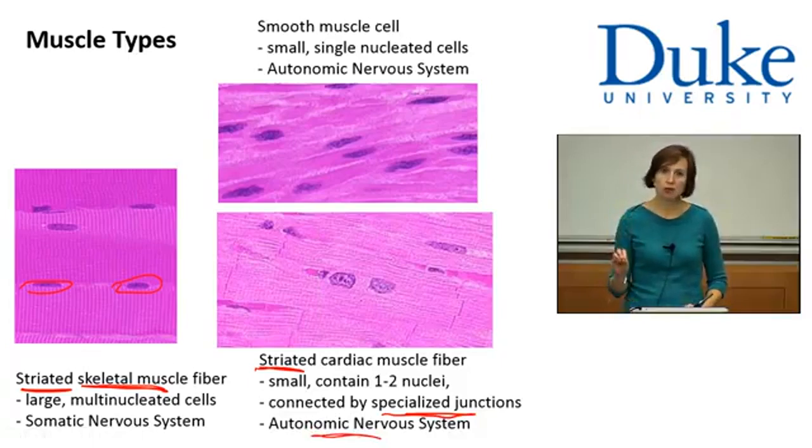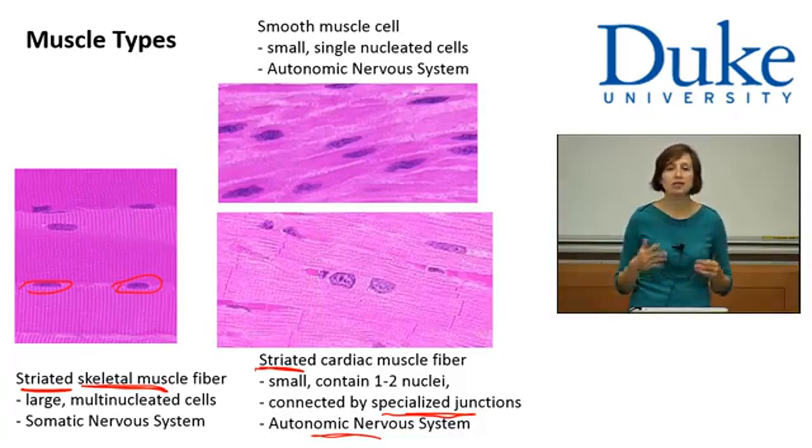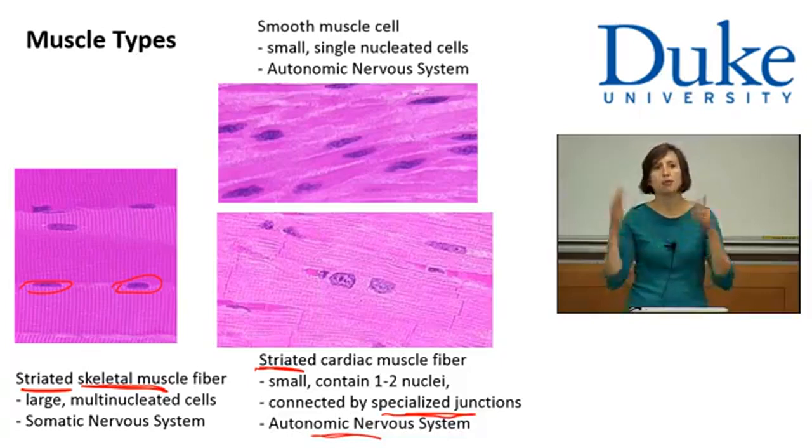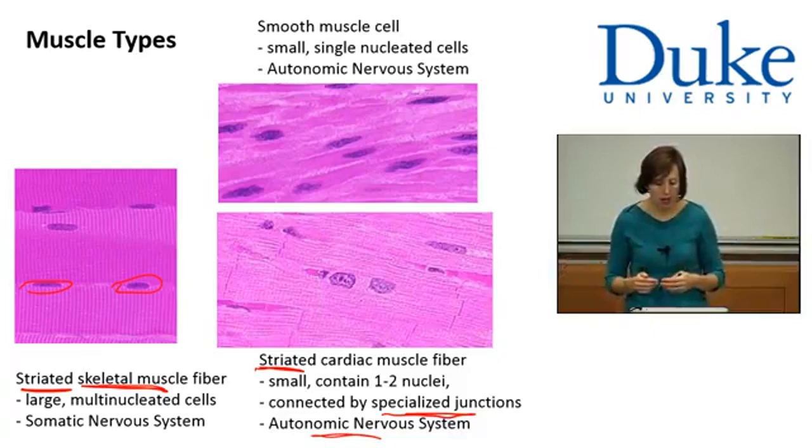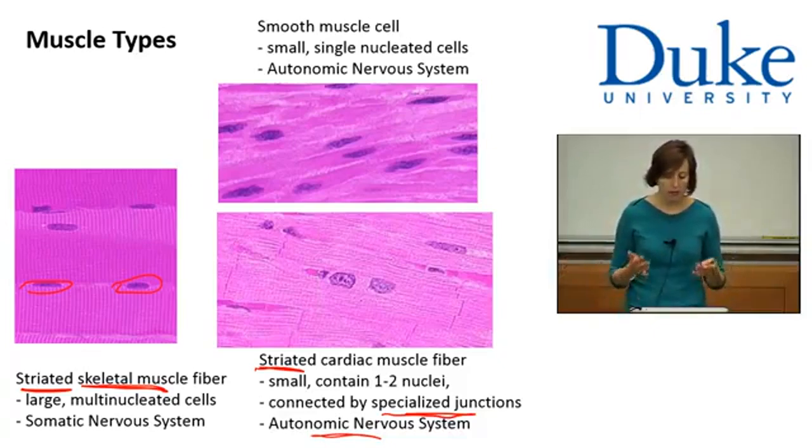Then she will also discuss briefly smooth muscle, which is going to be present in many organs in the body. And these are going to be different because smooth muscle cells are not striated. They still contain myosin and actin, but they're not organized in such a way that you can see it on a microscopic level. And so they won't have those stripes in the microscope, and they're also going to be relatively small cells, often spindle-shaped.